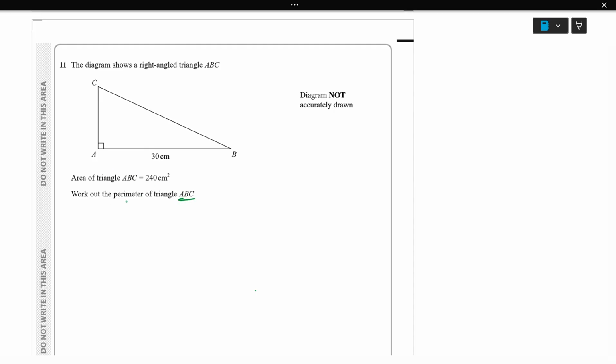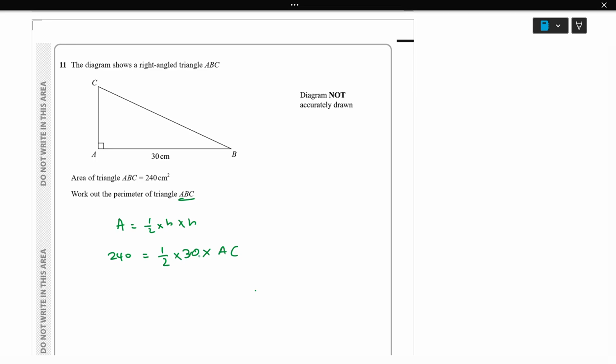Here, first, area. As we know, the formula is area equals half times base times height. So area is given, which is 240, equal to half times the base, which is AB. AB is already given, which is 30, times the height, which is going to be AC.